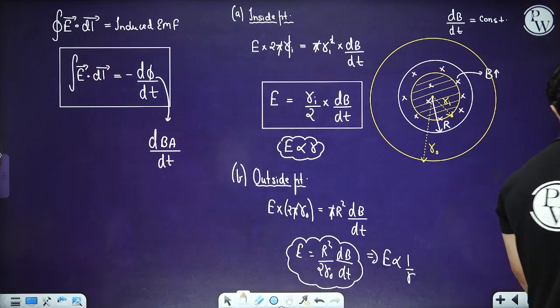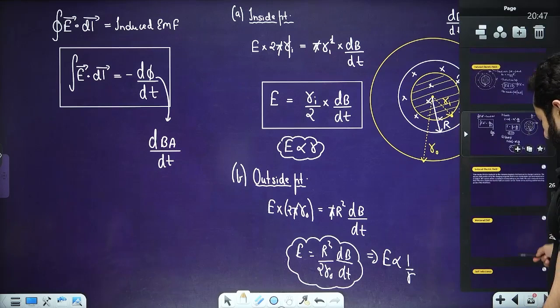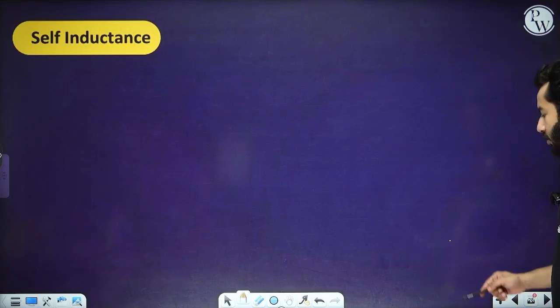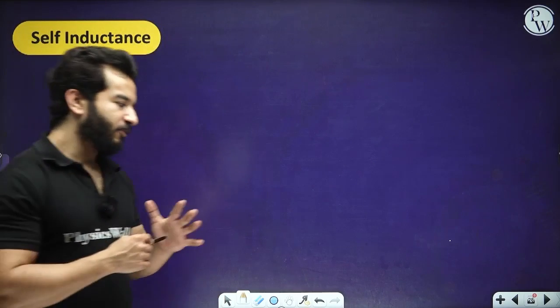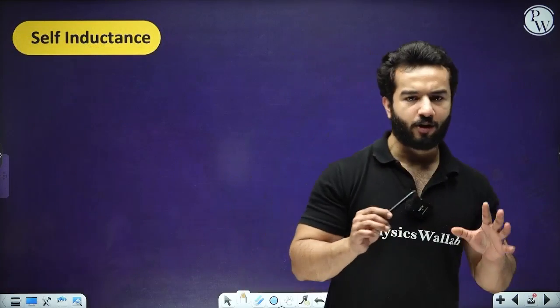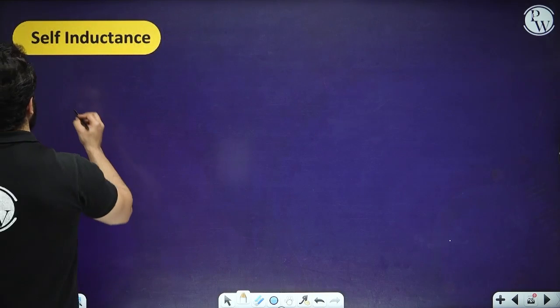Alright, so this was all about the induced electric field, right? We have talked about motional EMF as well. Now let's talk about self-inductance. See, what is self-inductance? Self-inductance is actually a property of a wire. So every wire has this property which opposes the current.